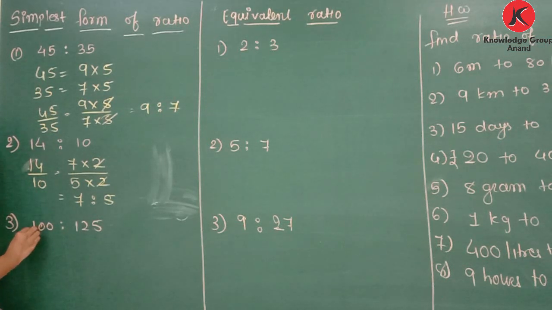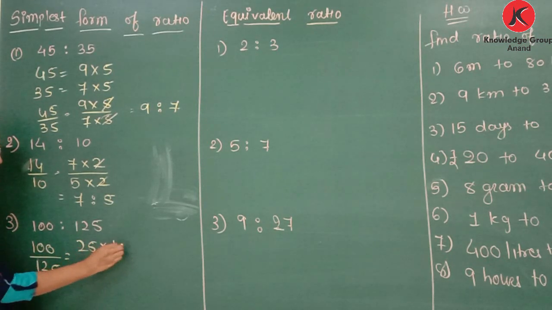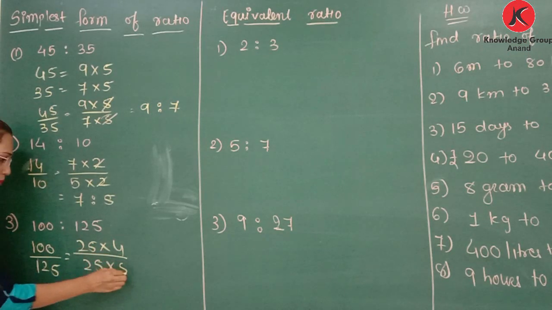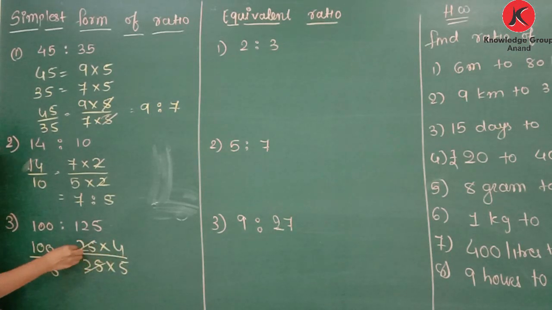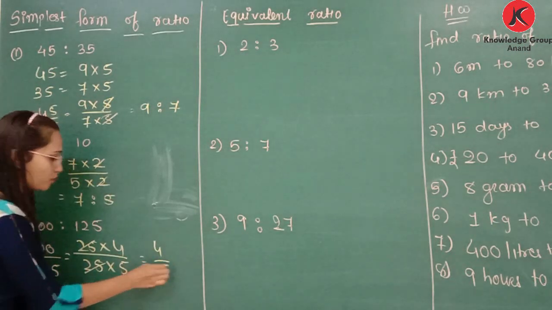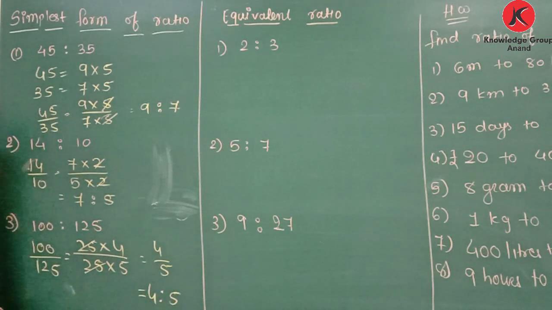What are the factors of 100? 25 fours, and the factors of 125 are 25 fives. Here you can cut the common factor 25. So it is written as 4 by 5. So the ratio in the simplest form is 4 is to 5 for 100 is to 125. This is the same method as we performed in a fraction also.